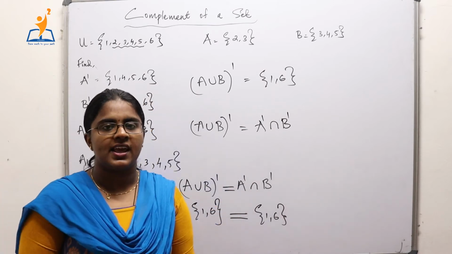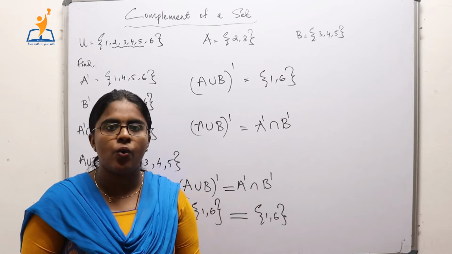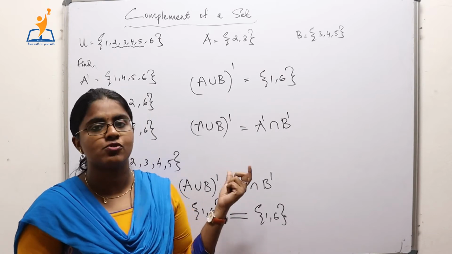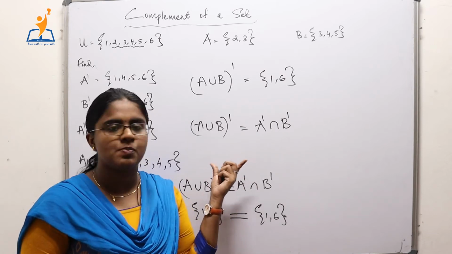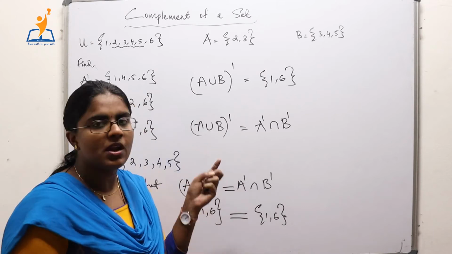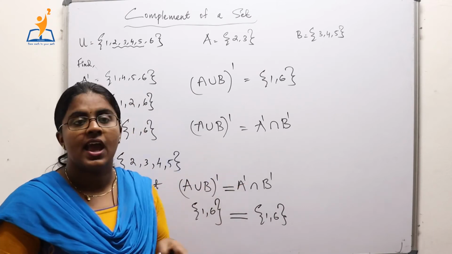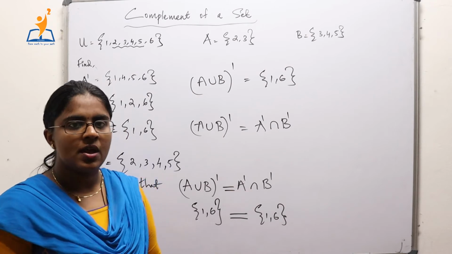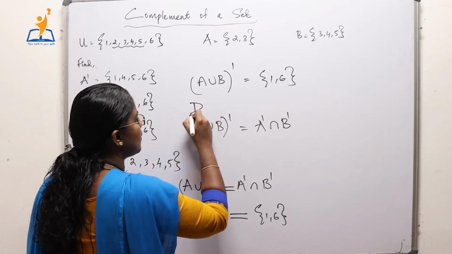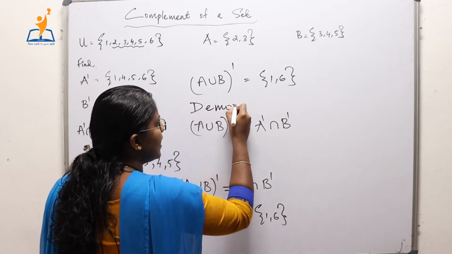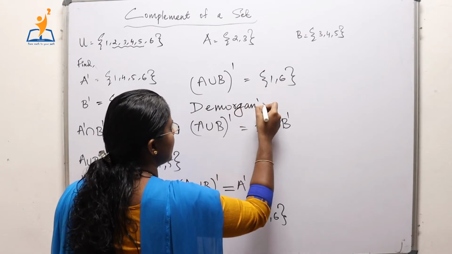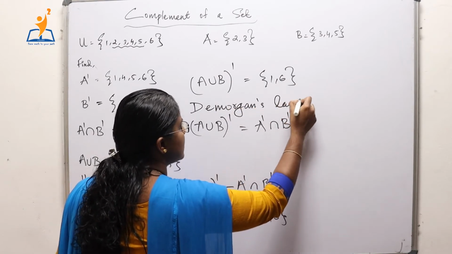And this property is common for all sets. That means every two sets satisfy this particular property, that A union B the whole complement is A complement intersection B complement, and this property is called De Morgan's property or De Morgan's law.